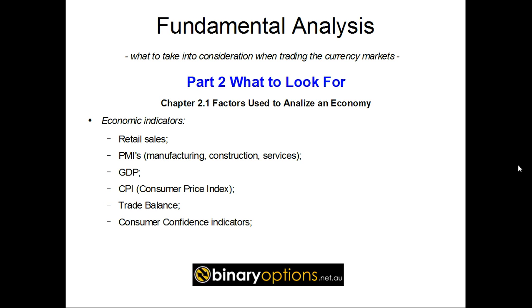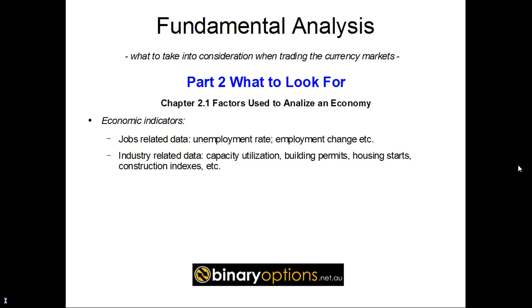In the Eurozone, the most important ones come out of Germany, the ZEW and the IFO. In the United Kingdom as well, you have the consumer confidence. You have Westpac consumer sentiment in Australia, and so on and so forth.